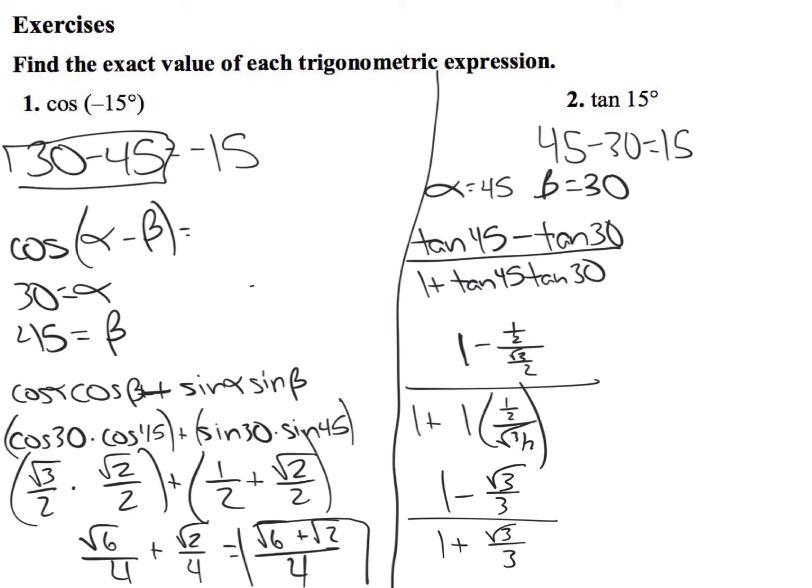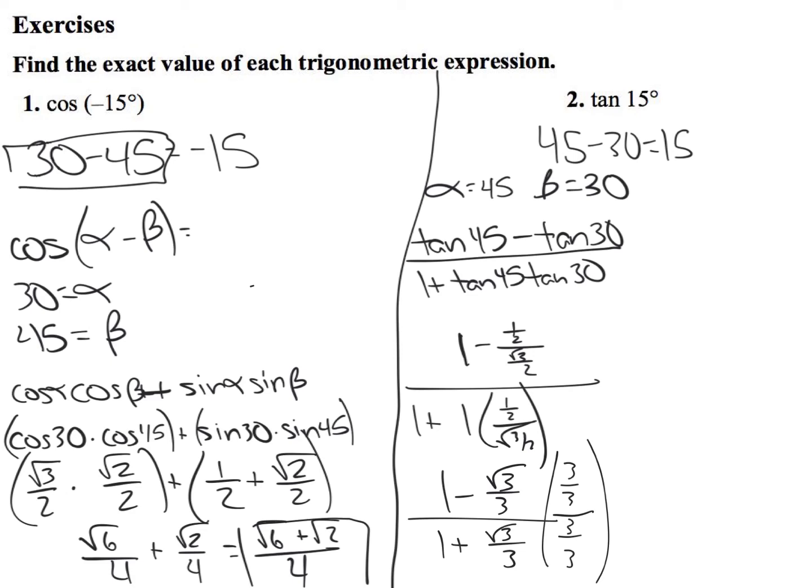So what you do in this case is multiply by 3 over 3 in order to get these things to cancel out. You have 3 over 3 over 3. I'm running out of room.